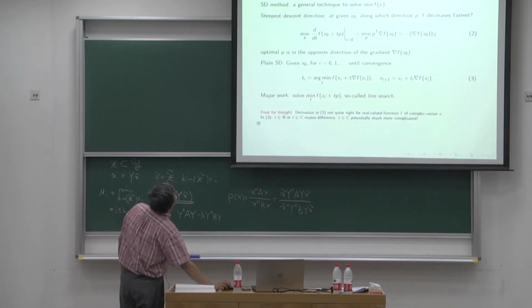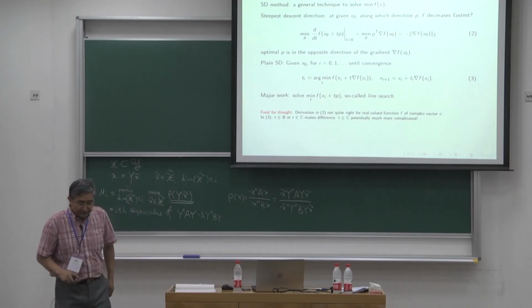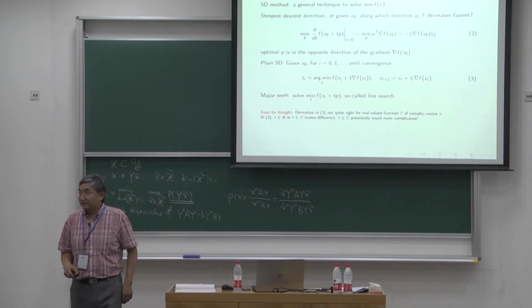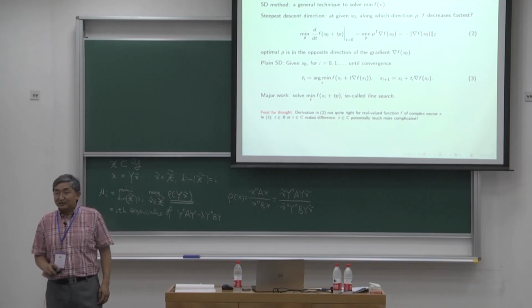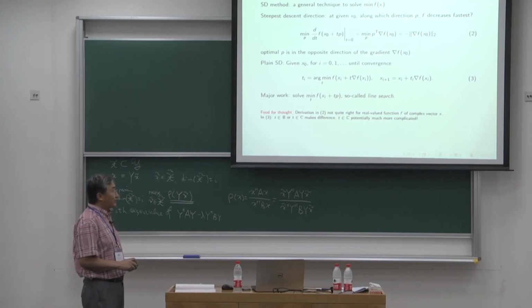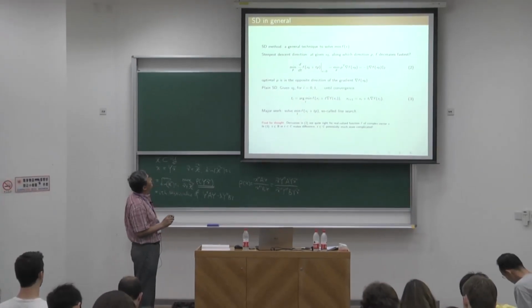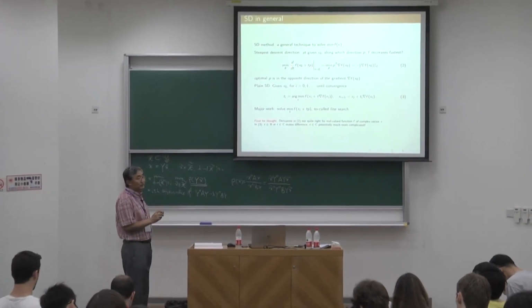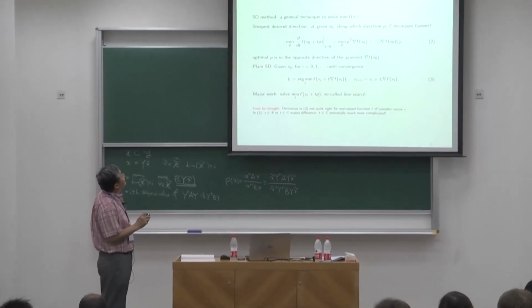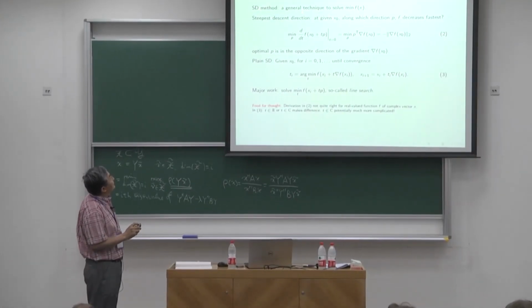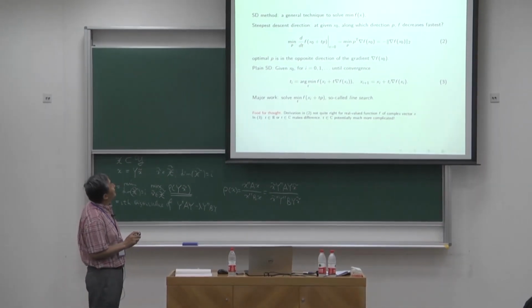All right. Now, steepest descent is a very ancient idea, from Kepler's point of view. It's nothing new. Let's look at, just to refresh our memory, steepest descent in general. It's a general technique to minimize a function f(x).